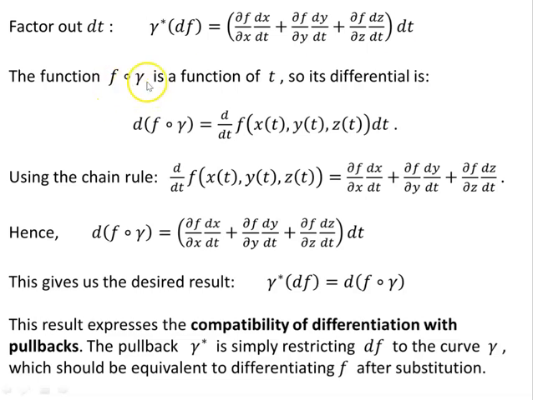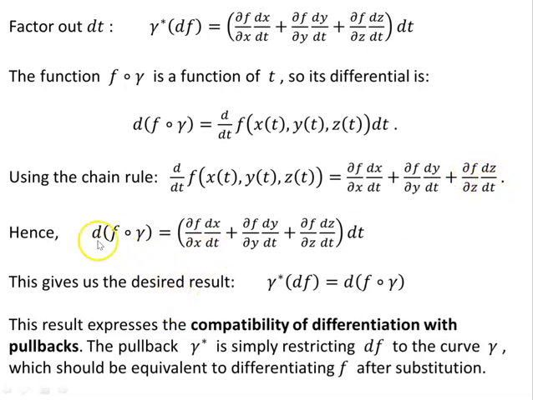The function f composed of gamma is a function of t, as we can see. So the differential of f composed of gamma is d dt of f of x of t, y of t, z of t, as we saw earlier. Using the chain rule, d dt of that becomes partial f partial x times dx dt plus partial f partial y times dy dt plus so on.